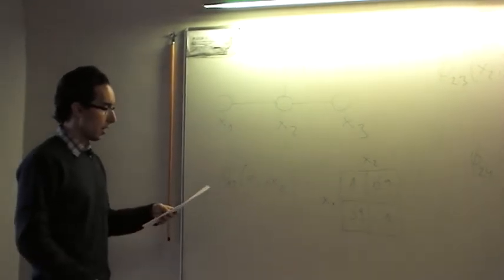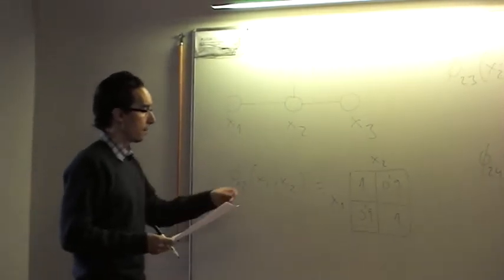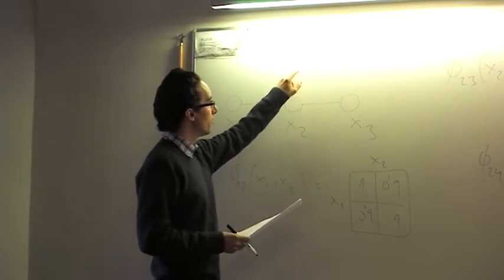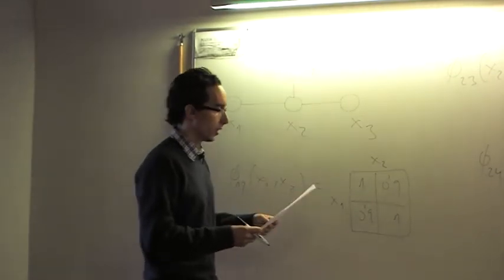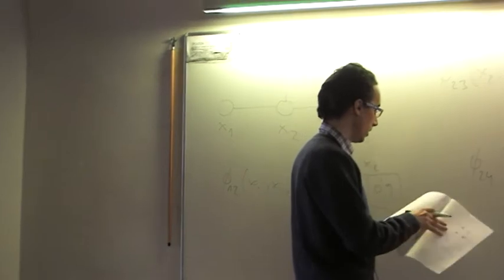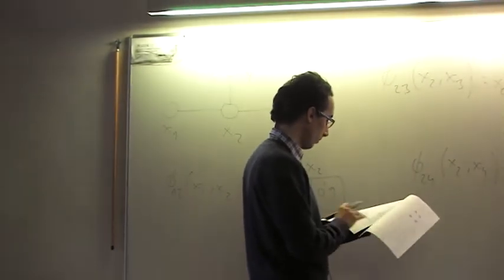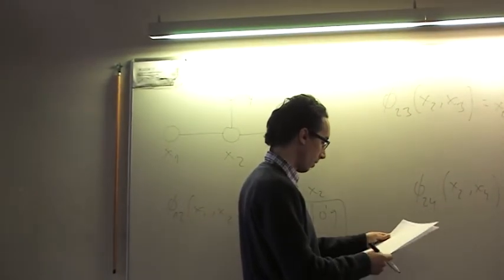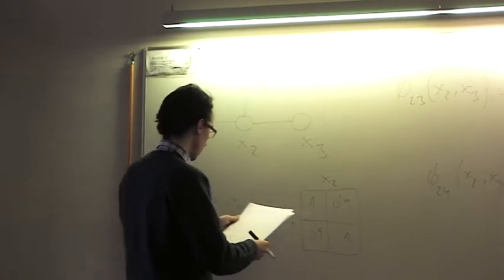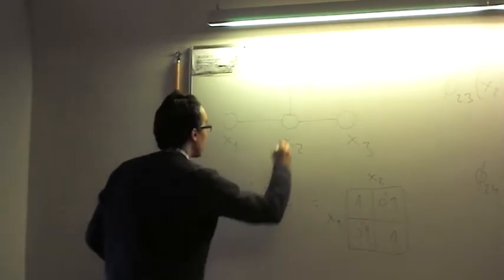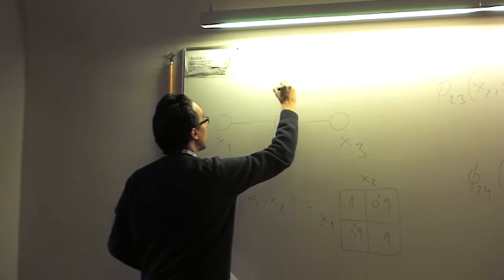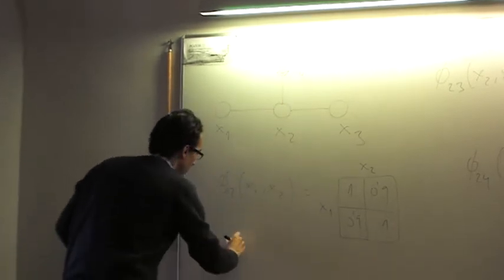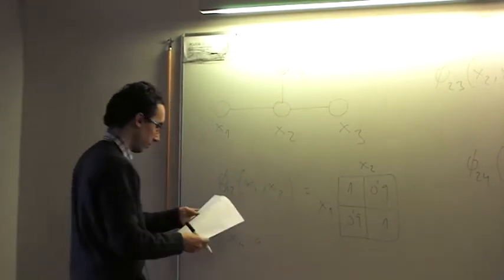Then I can fix a particular value for x4. I can say x4 is observed, and it takes a value, for example, 0.